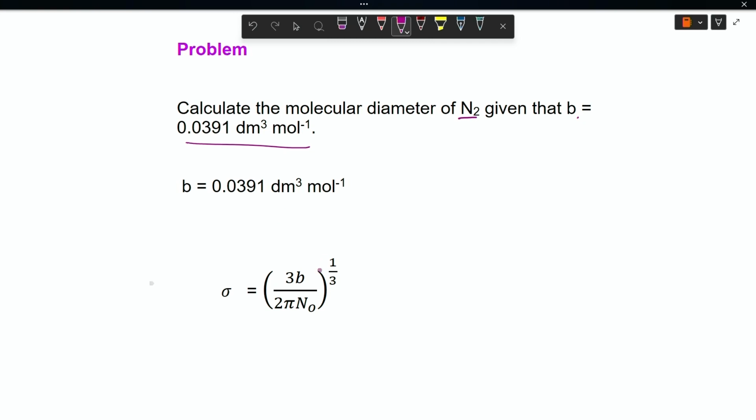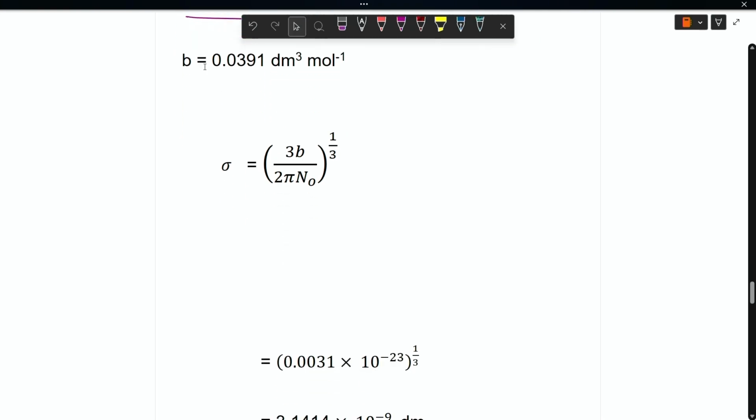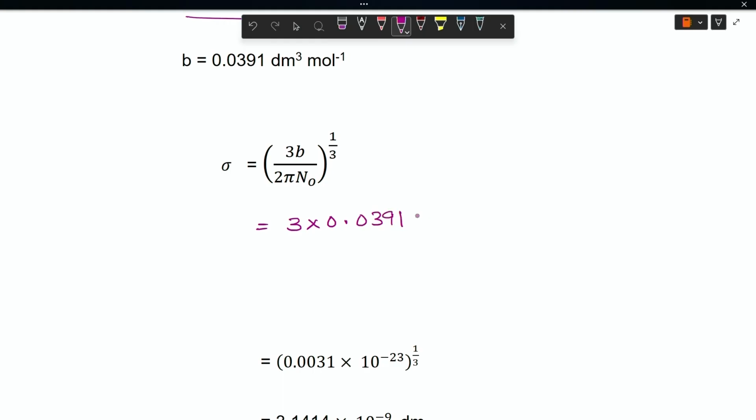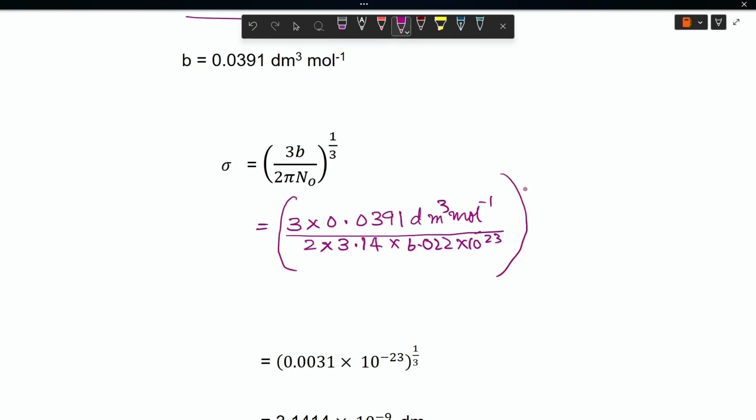The data is given, the equation is sigma is equal to 3B, 3 into 0.0391 decimeter cube mole raised to minus 1, whole divided by 2 into 3.14 into 6.022 into 10 to the power 23, whole raised to the cube root of this.